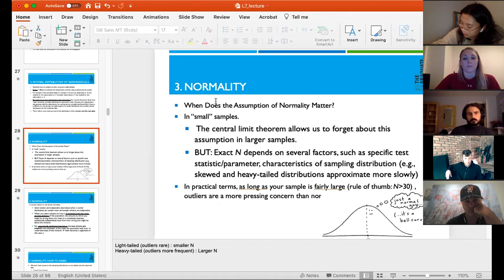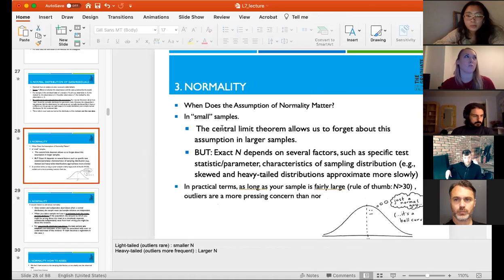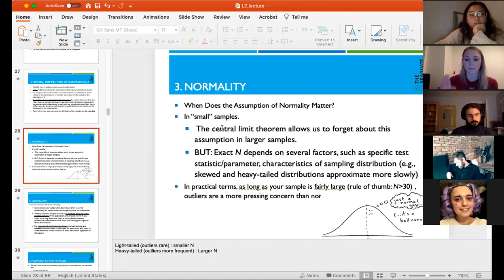All right, so why does this matter? Normality is probably one of the most important. Obviously, independence and random sampling are very important, but those are things that are very much within your control. You really can't control how your data is distributed. The data is the data. All the experimental design things you can control at the beginning of the experiment. Normality is the most important thing that you really can't control, but it matters because of things like the central limit theorem.